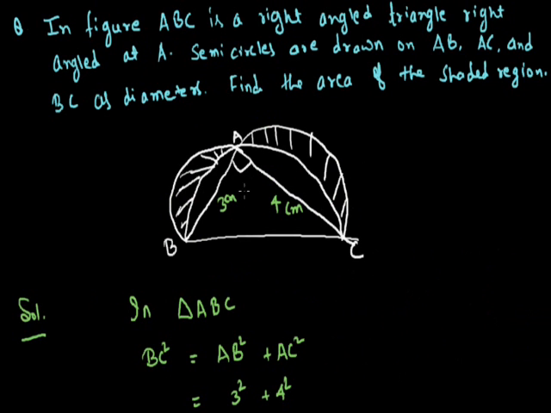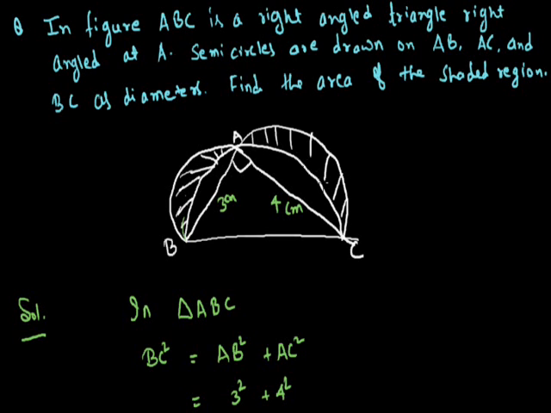It means if we add the area of triangle ABC, area of semicircle taking AB as the diameter and area of a semicircle taking AC as the diameter, we will find the area of the whole figure. Now we have to find the area of this shaded region, so we have to subtract this area.